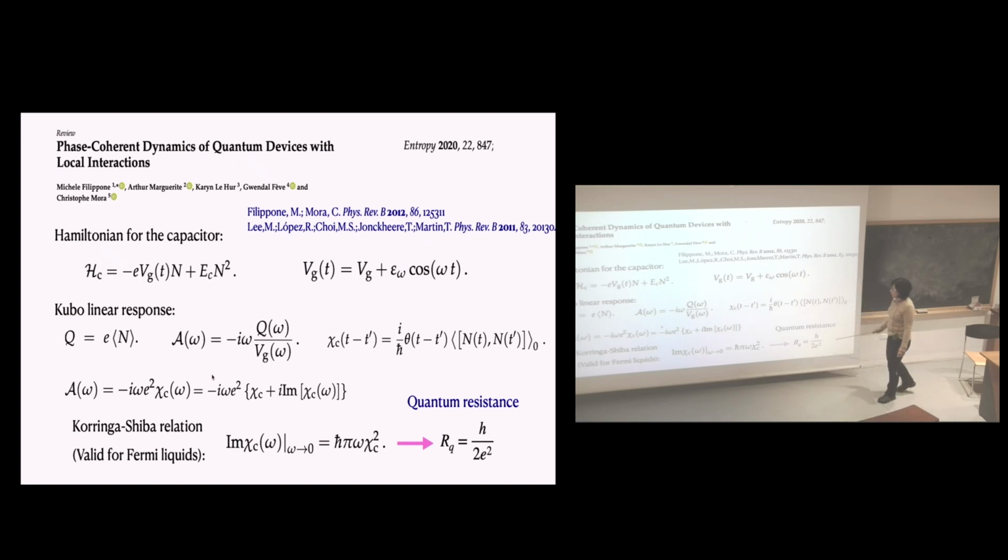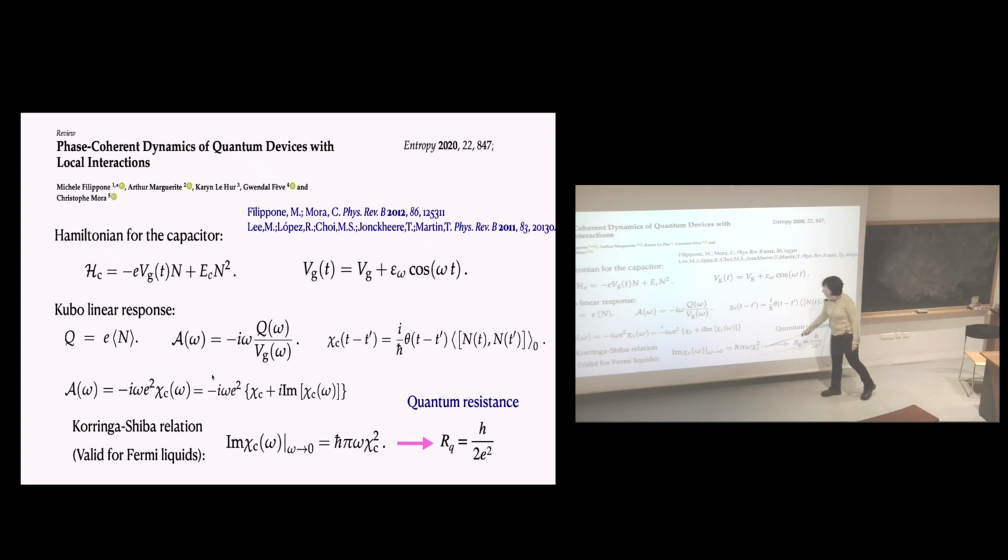What is used here is the fact that there are these Korringa-Shiba relations. These are Fermi-liquid relations for this interacting system governed by this Hamiltonian.